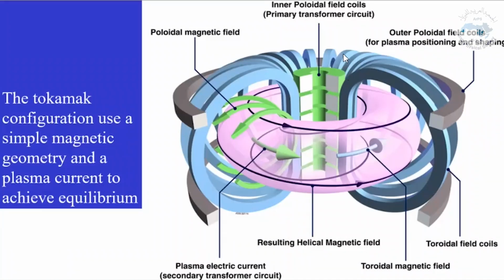This green solenoid will generate a toroidal current, and this toroidal current will generate what we call a poloidal magnetic field. You can see that the black lines are the field lines. So a particle will follow this field line, and so it is confined.